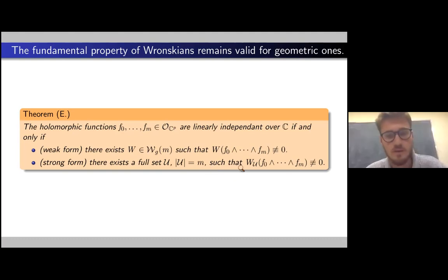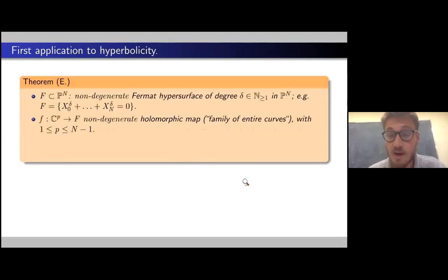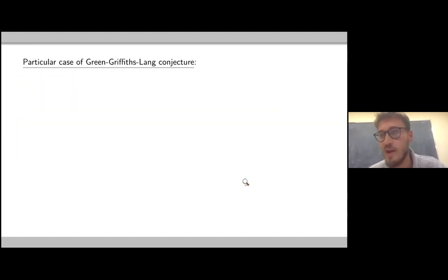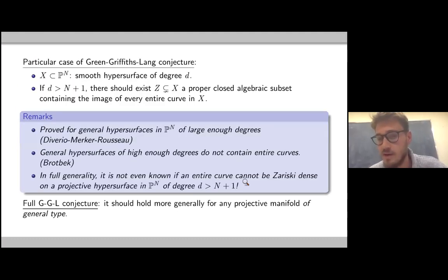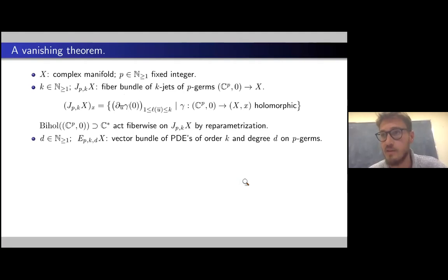The thing is that the set of pure geometric generalized Wronskians is not stable under the action of the biholomorphisms of CP. And as we see with foliations, we have to have something that is stable somehow. That's why we consider the geometric ones.